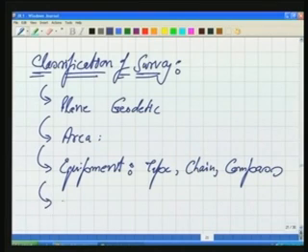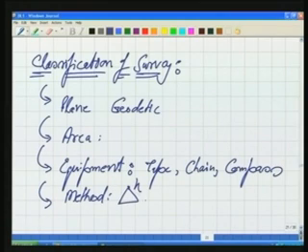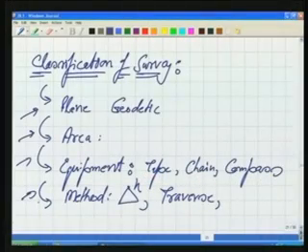Then we can classify using the method, the technique. The meaning is, are we using triangulation, or are we using the traverse? We will talk about all these things later on. Or we are using any other method for doing our surveying. So, our surveying can be classified by all these various categories.